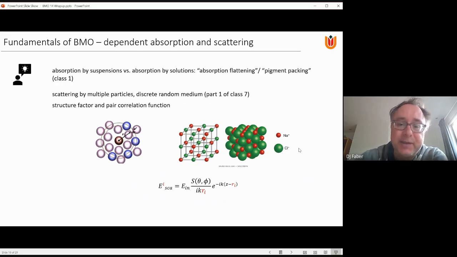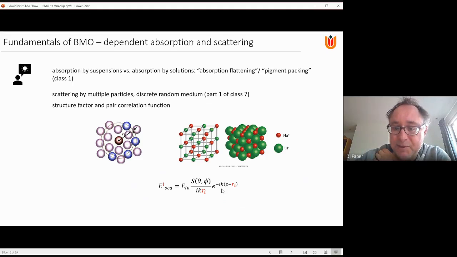You can understand how these interferences work if we look at a bunch of particles and then look at the scattered field of, let's say, the eth particle. If all else is identical for the particles, then what is different is their position. So the Re over here in the denominator and the Re here in the phase term.